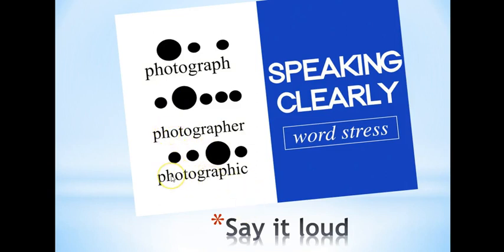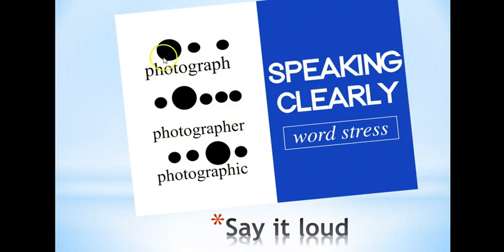Okay, and the third one, we put the stress on the third syllable here. Syllable means suku kata. So in here we put the stress on the third syllable, di suku kata ketiga. So look at this one, it will be photographic. Photographic. Okay, so you see the differences in how to pronounce it.